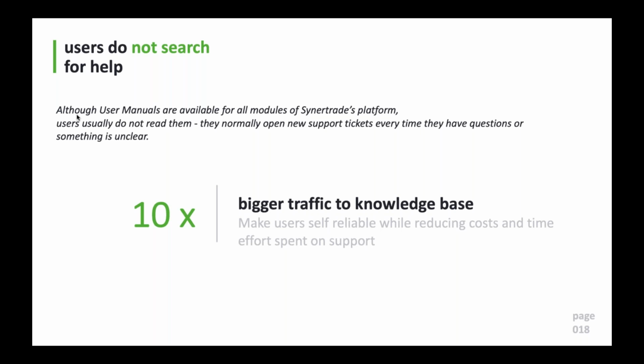You can imagine them as tooltips in the target application, and the tip was pointing to the article. So any time the user was lost, he or she could see this interactive tooltip, and the tooltip itself would open the article in the knowledge base. Just by being able to contextually link the articles from the tool, the traffic to the knowledge base increased by a factor of 10.